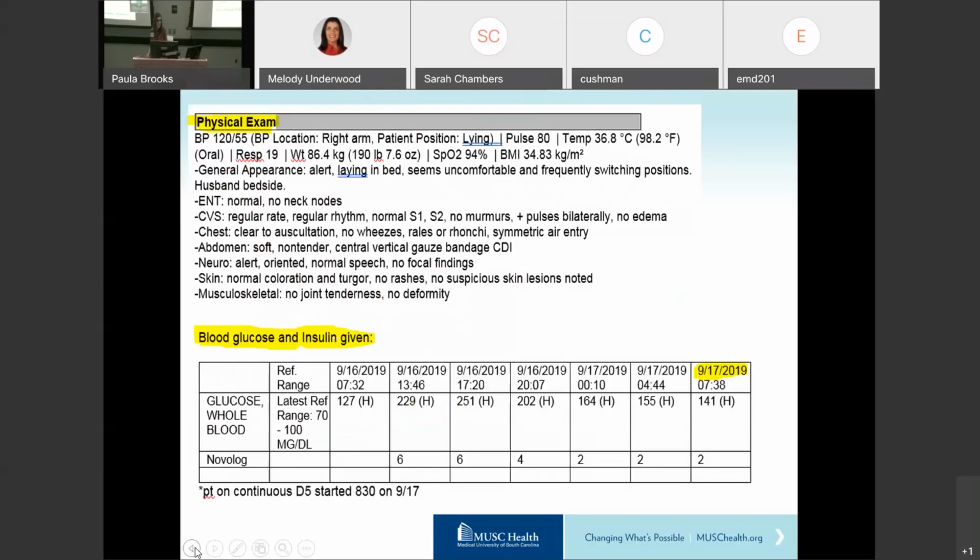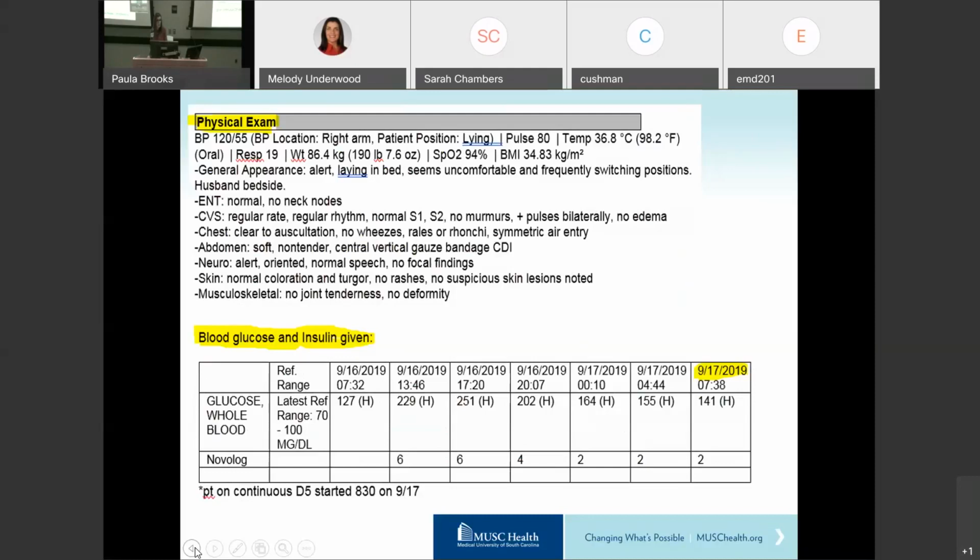We have cardiovascular, 2. We have respiratory, 3. We have abdomen, 4, neuro, 5, skin, 6, musculoskeletal, 7.